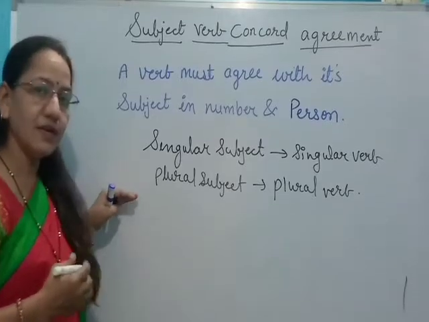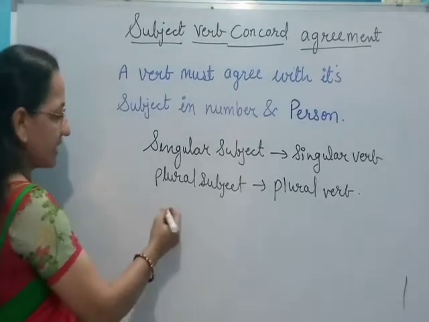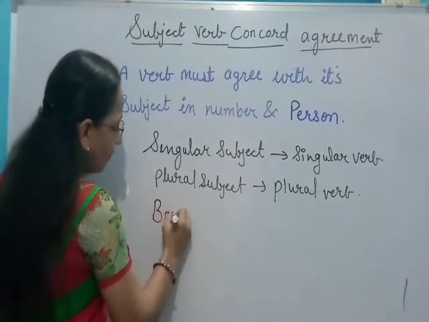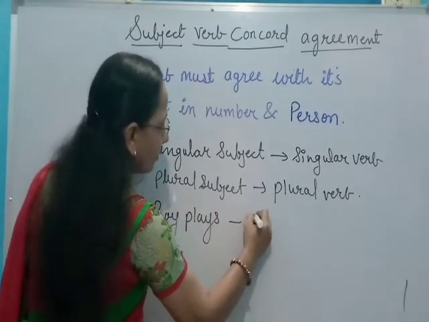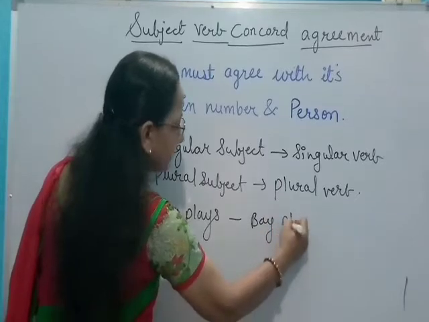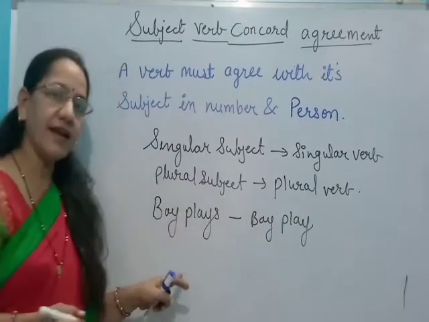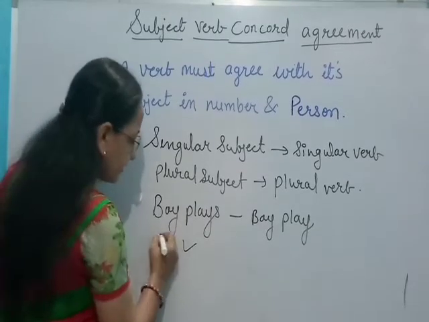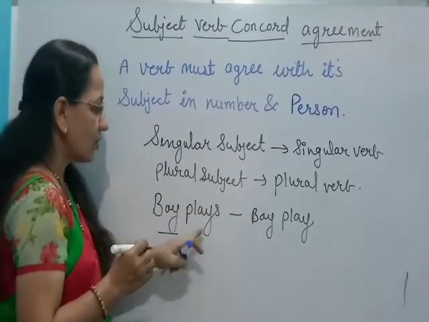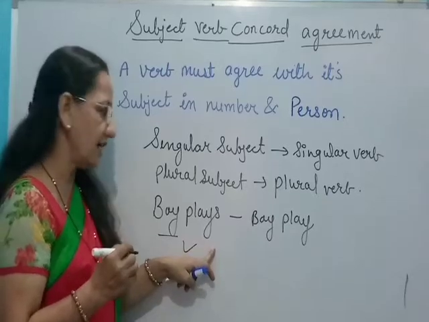So we will learn it with examples. I will give you one example: boy plays and boy play. Which one is correct? Boy plays is correct because here the subject boy is singular, so its verb should be singular in number.